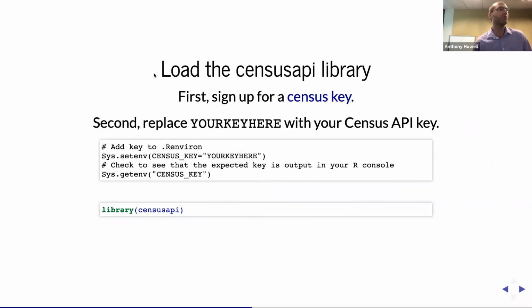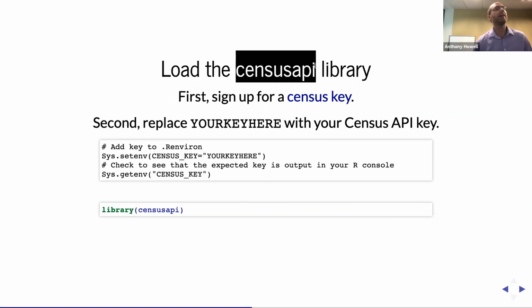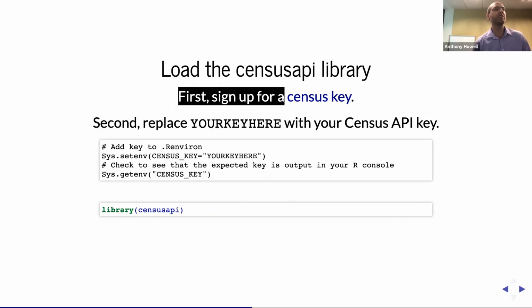The first thing we need to do in R is download and load the Census API library. We also need to sign up for a special census key that will allow us to actually download the data from the API.